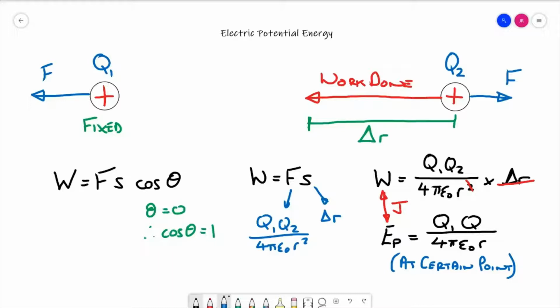Mathematically, of course, what we can do is work out what the electric potential energy is where we started our charge, and work out what our electric potential energy is when we finished moving our charge. And the difference between those two energies will equal the work done that we were trying to calculate in the first place.